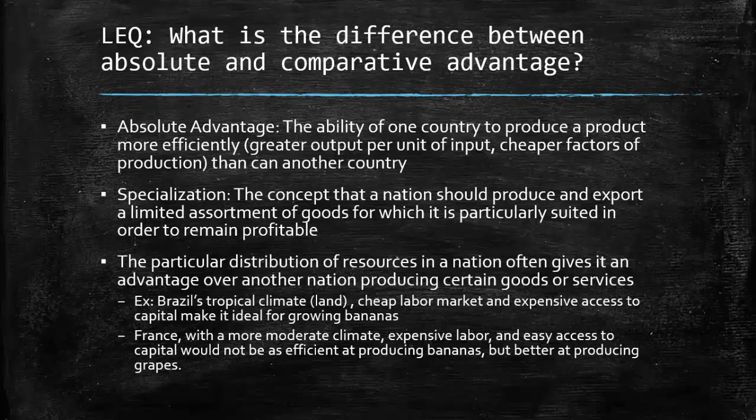France, however, has a more moderate climate, expensive labor because France's labor market is very educated, and easy access to capital, so it would not be as efficient at producing bananas. Yes, they can grow bananas there, but the cost would be much higher. But they are better at producing grapes. You need higher levels of capital to farm and harvest grapes, and you also need more knowledgeable farmers to grow grapes because grapes are harder to grow than bananas.